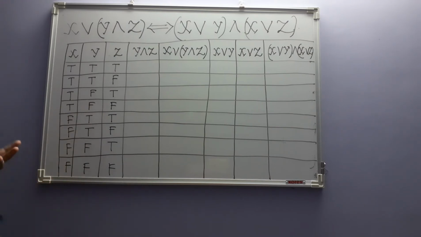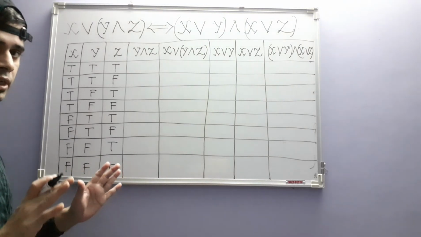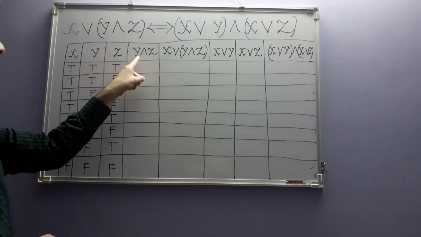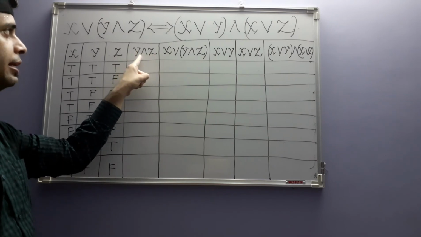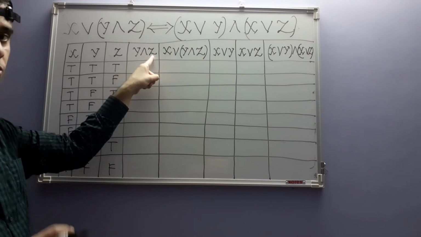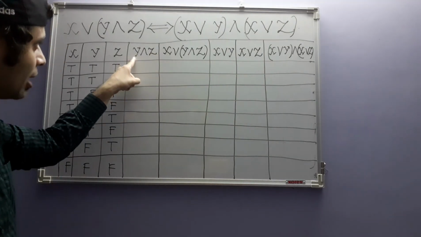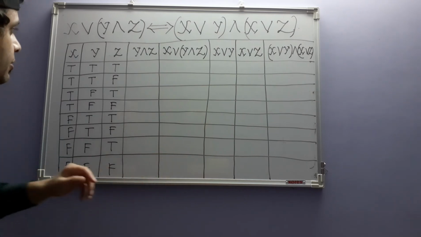Now, in this situation, you can see already the things have become so complex, but we have to carefully move ahead. So now, we want to first of all discern what is going to happen to Y and Z. Y and Z is true if both Y and Z are true. That's why it is called AND or conjunction.